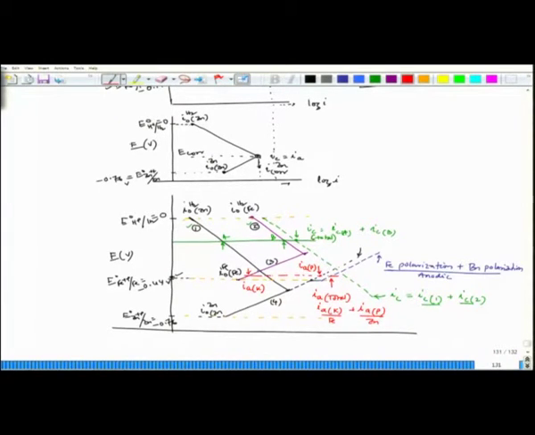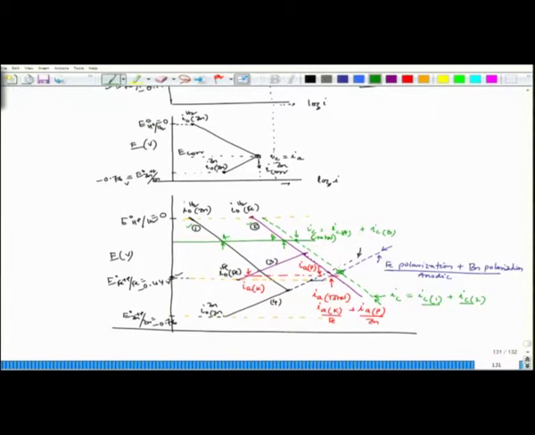So, now we could see that this line and this one, these two wherever they are meeting, that point indicates the new mixed potential where I C total is equal to I A total. So, this is the point where they are meeting.